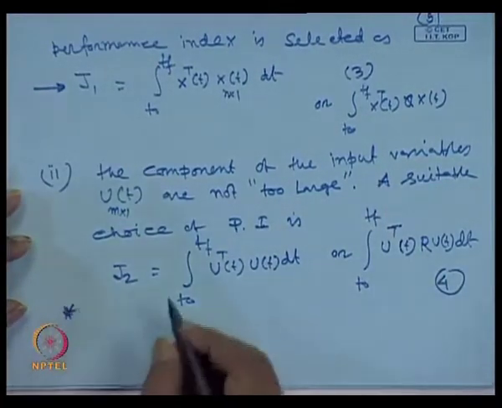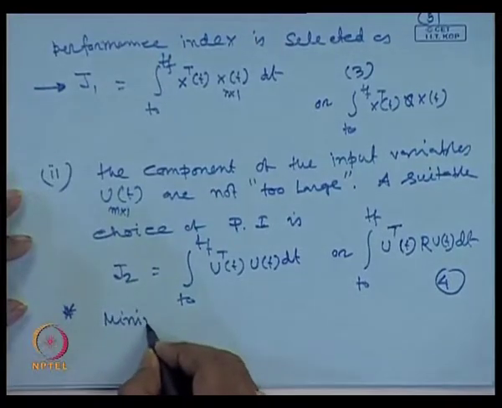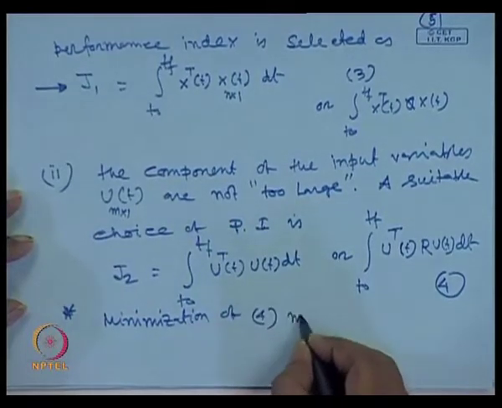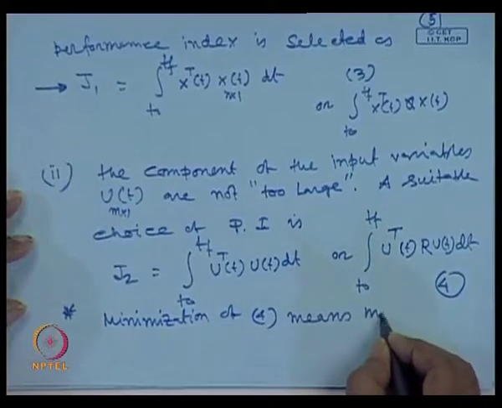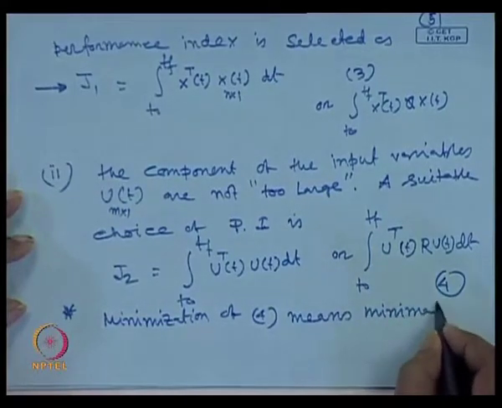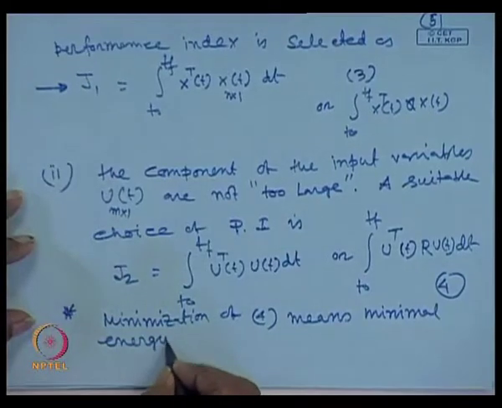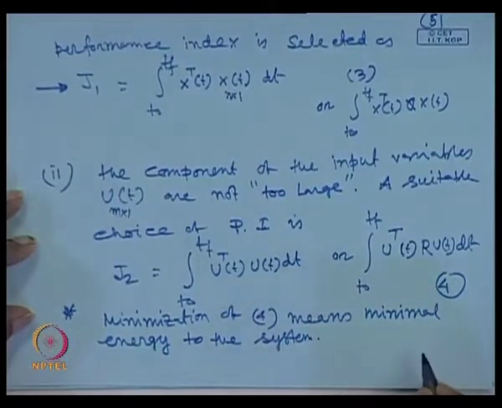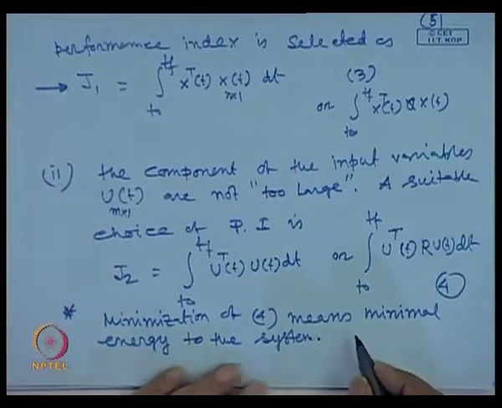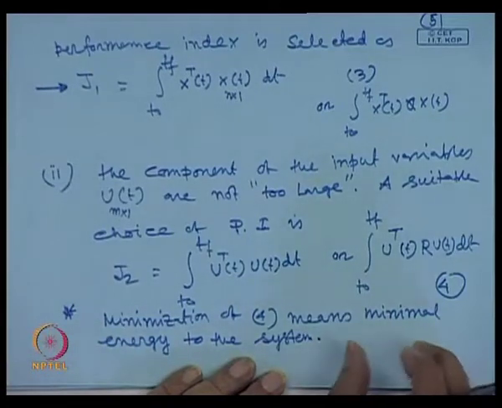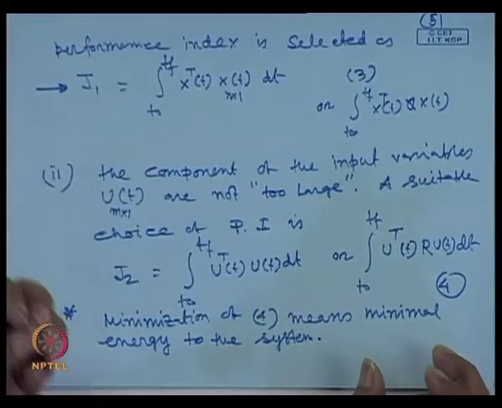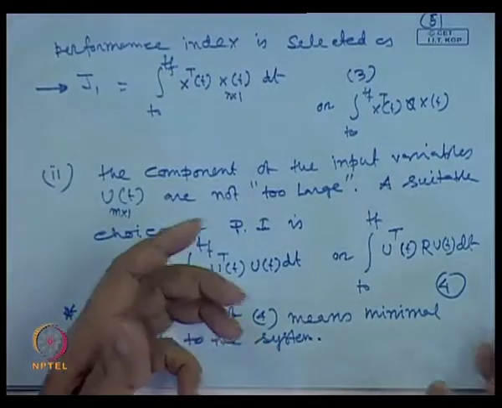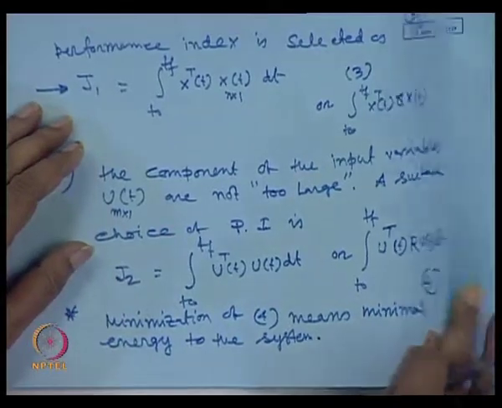Now we comment on what the minimization of 4 means: the minimal energy to the system, because input is generally related to the energy consumed in the circuit or in the system.